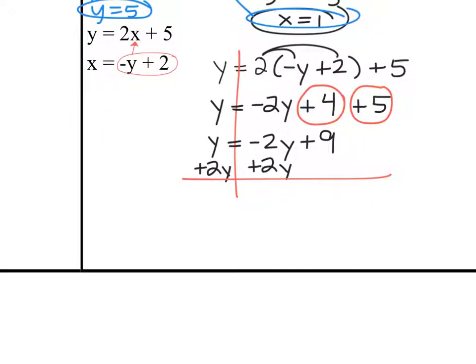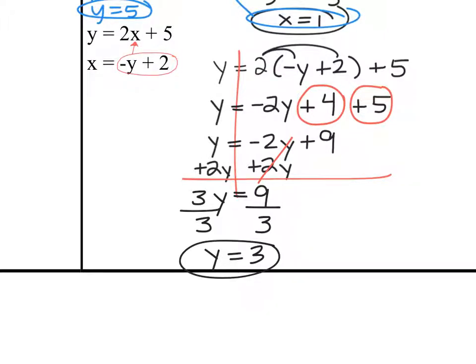So now it's 3y is equal to 9, is all I have left. If we divide by 3, now we get y is equal to 3. This canceled out. 9 divided by 3.